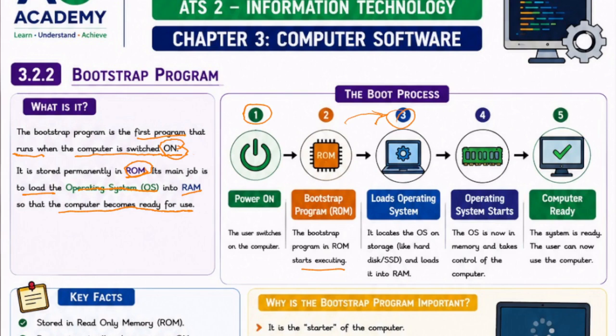It locates the operating system on storage like hard disk or SSD and loads it into the RAM. The fourth one, the operating system starts. The operating system is now in memory and takes control of the computer. And lastly, the system is ready. The user can now use the system just like I explained.